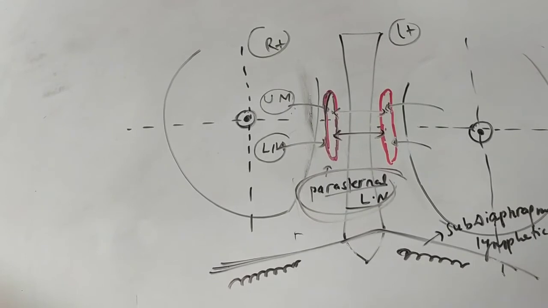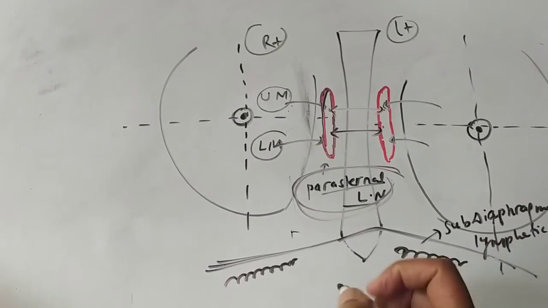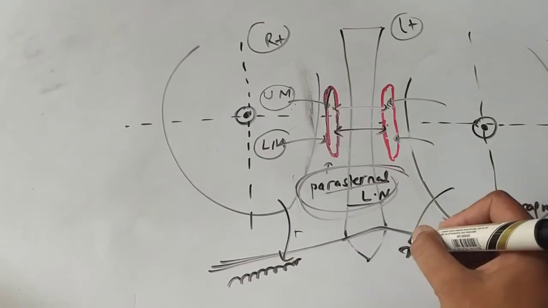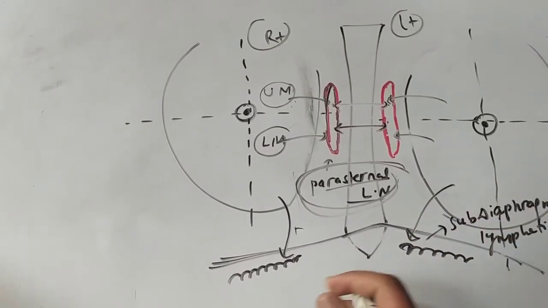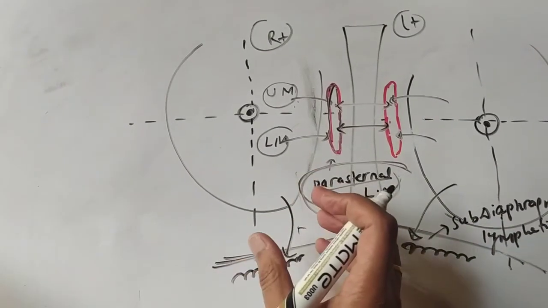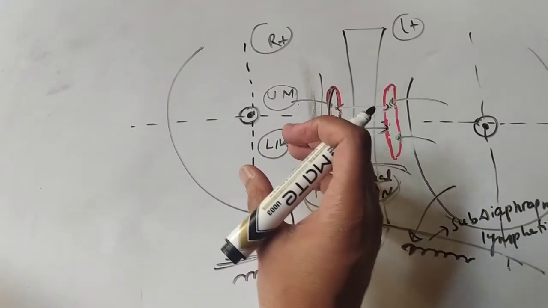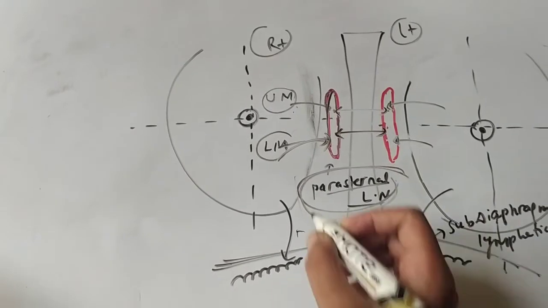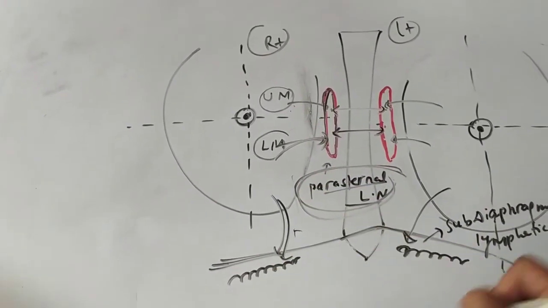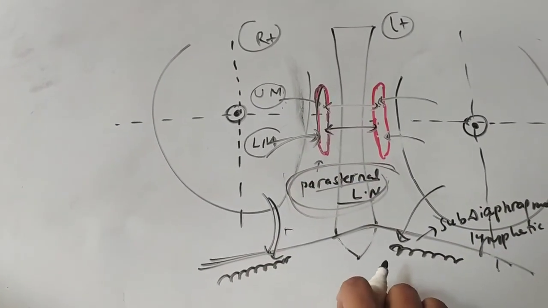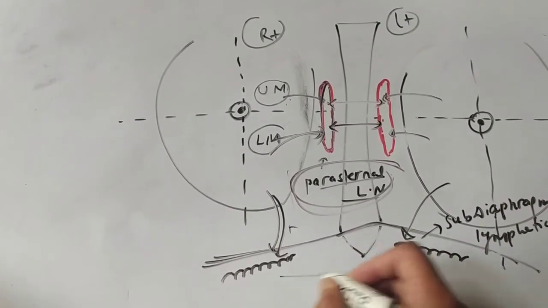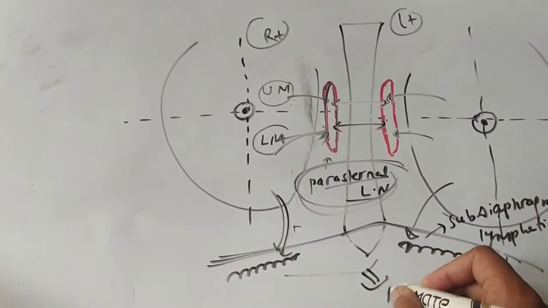And this subdiaphragmatic lymphatic plexus especially carries some part of the lymph coming from the lower medial quadrant. So whatever lymph is draining from the lower medial quadrant, some part of it will go into the parasternal lymph node and some part of it will go into the subdiaphragmatic lymphatic plexus. And the subdiaphragmatic lymphatic plexus will ultimately drain into the abdominal lymph nodes.